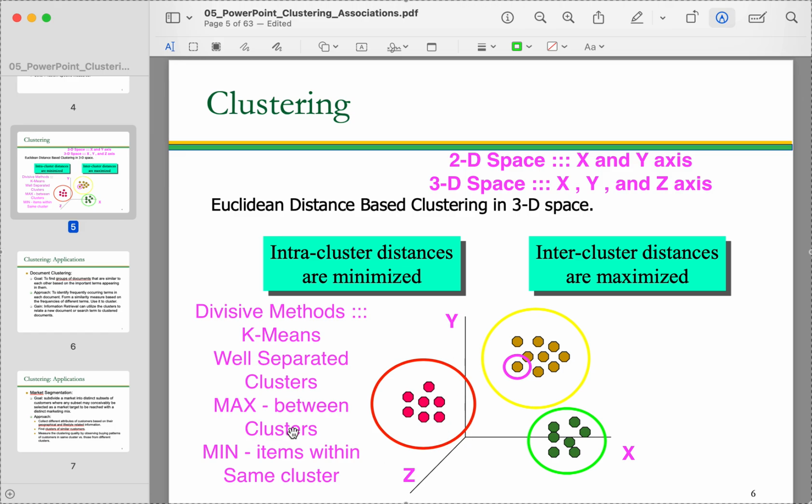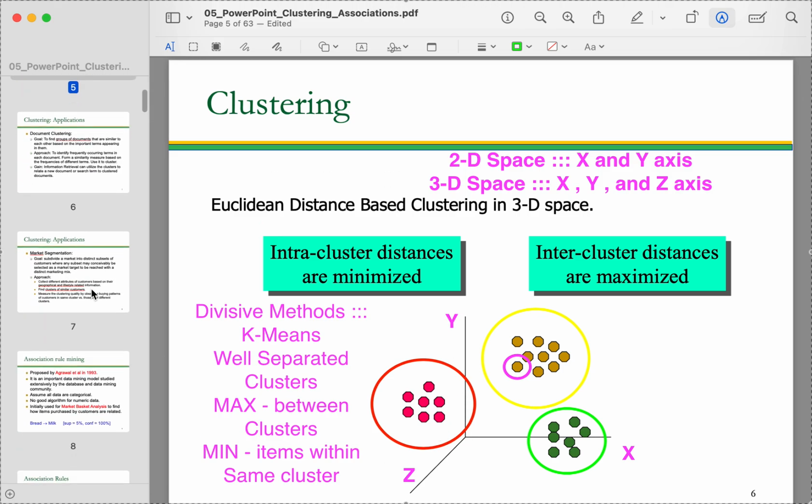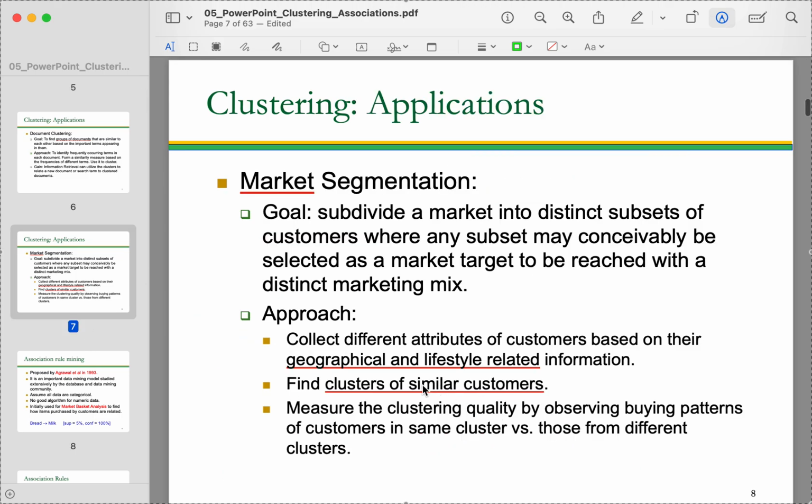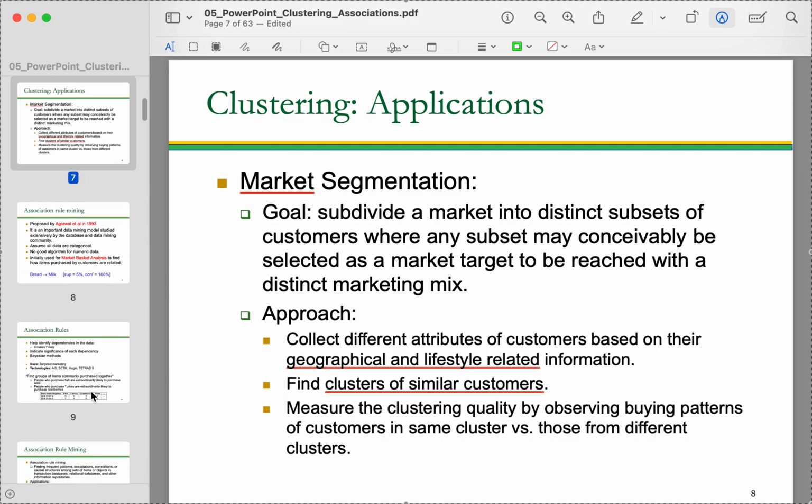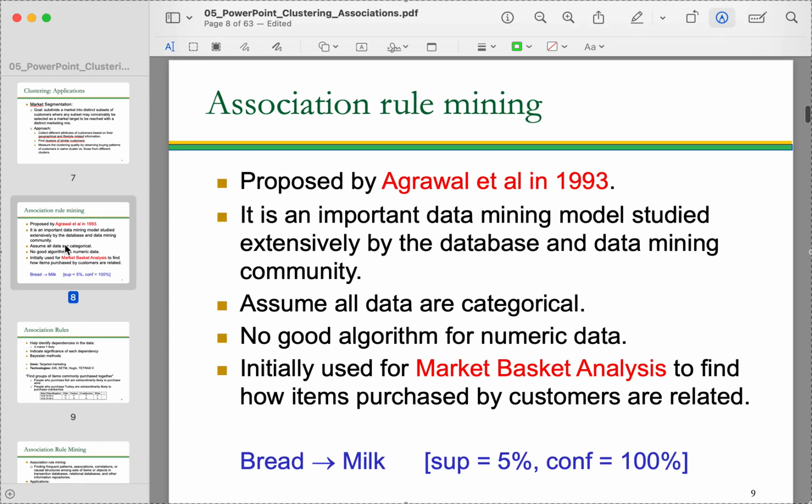So it is just doing some simple math to find the distance according to the attribute values, and it has no knowledge and no idea of the meaning or the semantics of the data. So whether this is medical data, educational data, or financial data, it's still going to find the clusters of the similar items. So whether these are the web pages on the World Wide Web that it is trying to group together, that is what the clustering does.